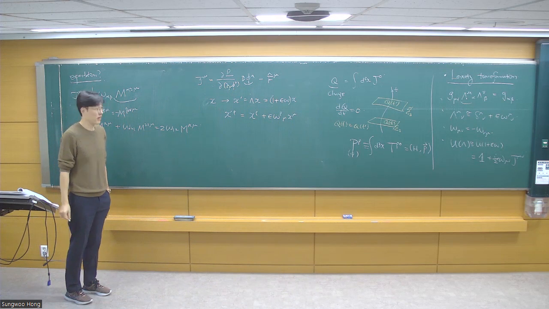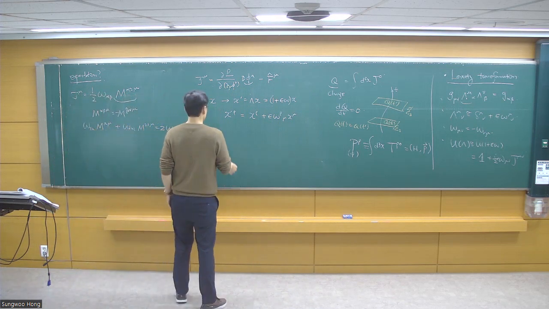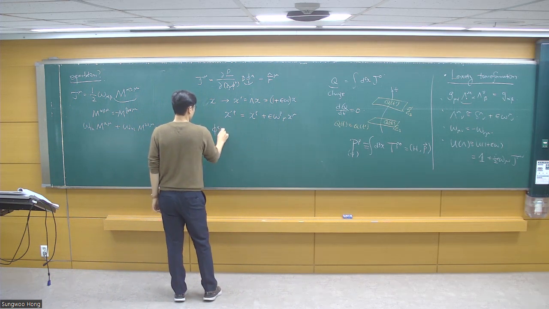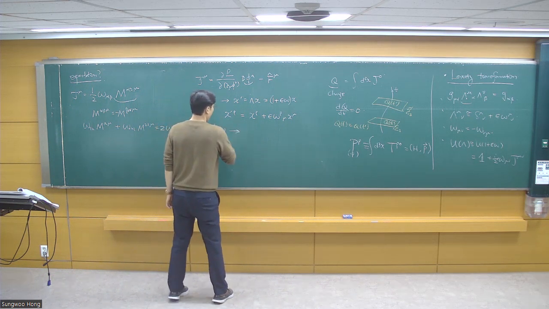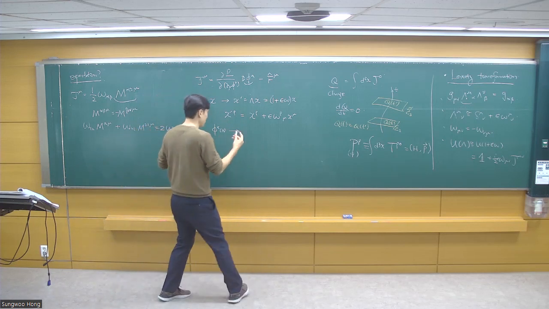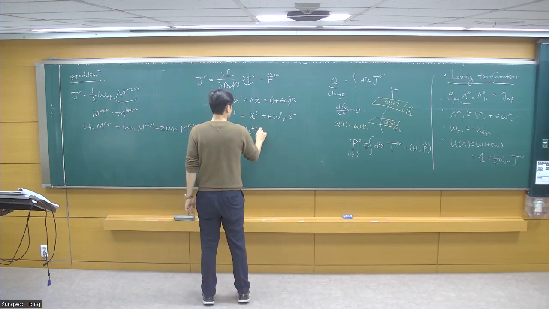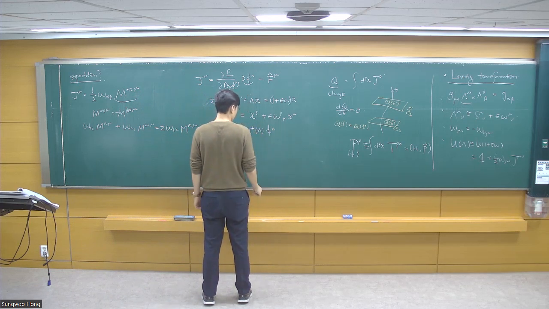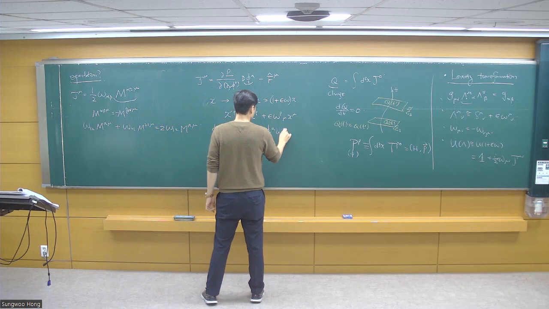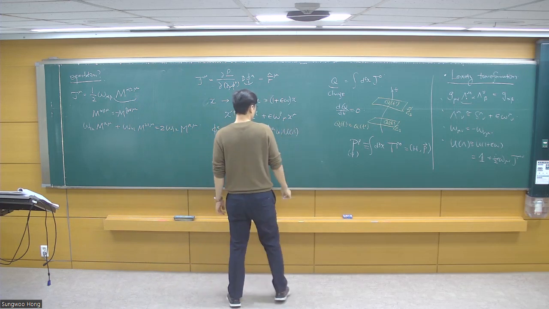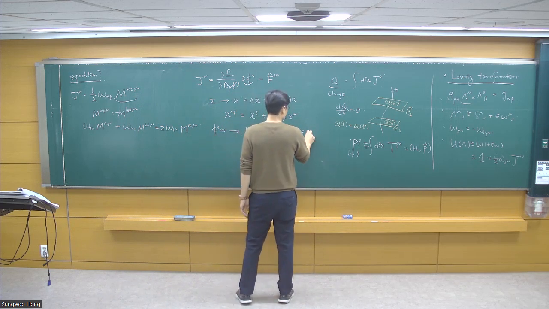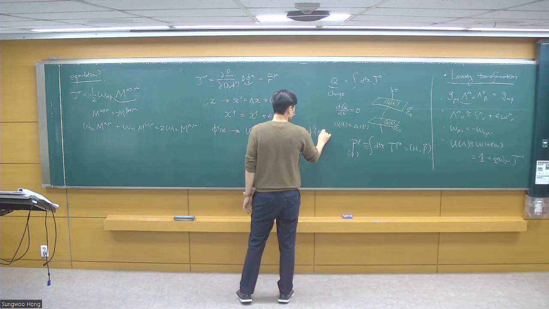But now, in order to actually work this out, remember, given a field of x, the way this guy transformed under the Lorentz transformation was U of lambda phi of x U of lambda inverse is equal to phi prime.